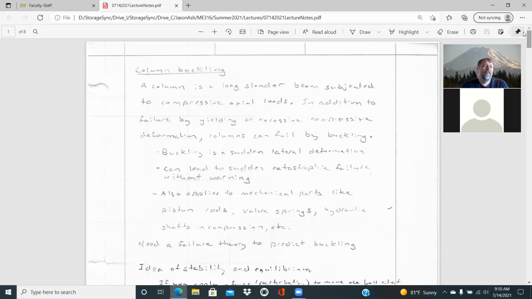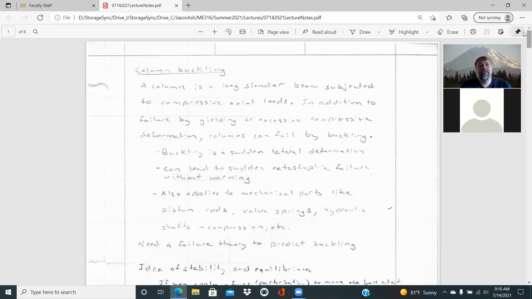I'm sure that the condo collapse in Miami is going to be another example of that, just an issue of the columns not being able to support the weight above. But in addition to those examples, the same thing also applies to mechanical parts like piston rods, valve springs, hydraulic shafts.